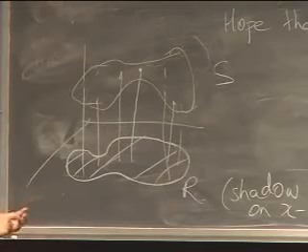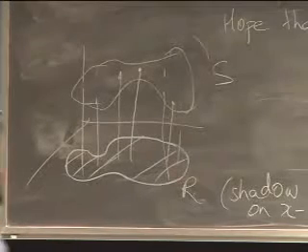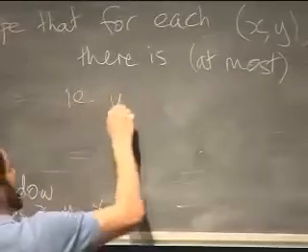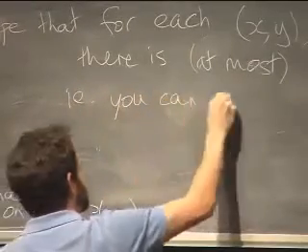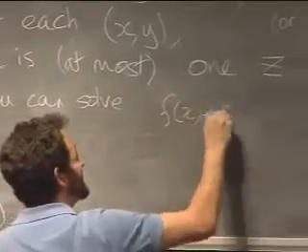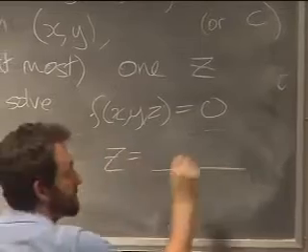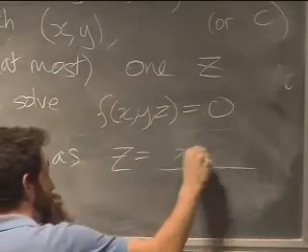Essentially z becomes a function of the other two, i.e., you can solve f of x, y, z equals 0 as z equals something in x, y.